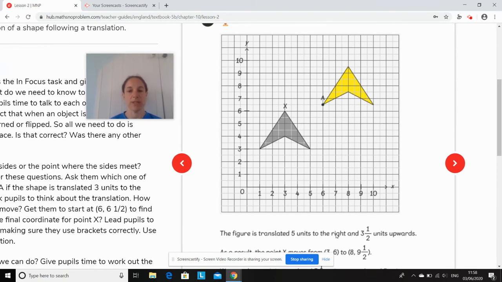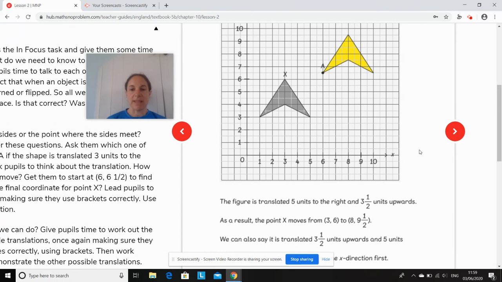moved 5 units to the right and 3.5 units up. So you've got moved 5 units, 1, 2, 3, 4, 5 units to the right, and 1, 2, 3.5 units up. So those are the examples they've given, and then they've said as a result, X is now up here.